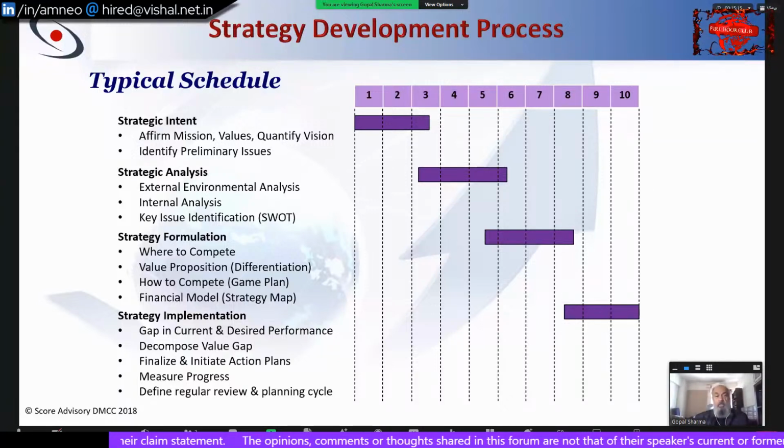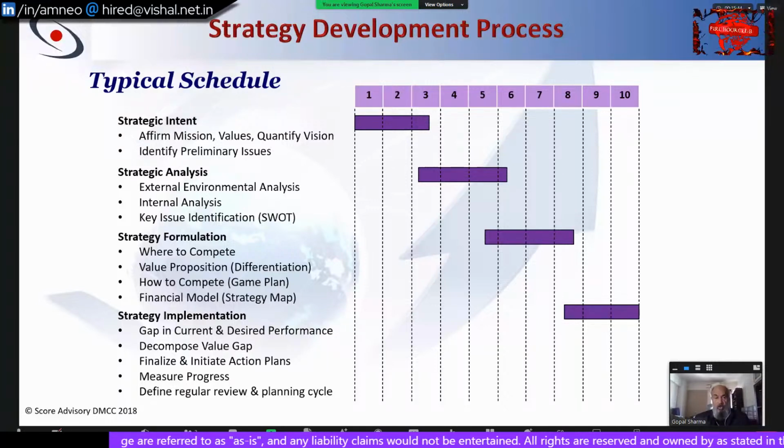Are you a business which is going to provide value for money to your customer, or are you going to provide an industry-leading top quality product or service to your customers? So these are the decisions you need to make. And based on that, you will have your business strategy. That business strategy is your game plan. That is the third bullet point: how you're going to compete.